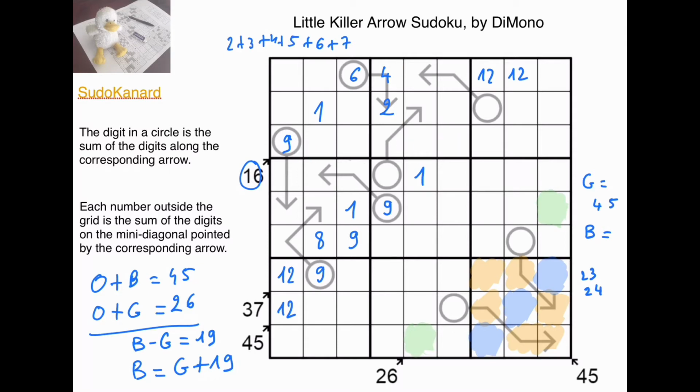But then, 9 must be there, but it won't be on the arrow, so this is a 9. We must have a 9 in one of those cells, but this one can't be a 9, because this plus this is at most 5, so this is a 9. And then we get a 9 somewhere here, and it won't be on the arrow, so there's a 9 here.